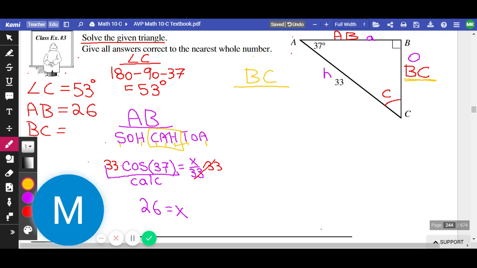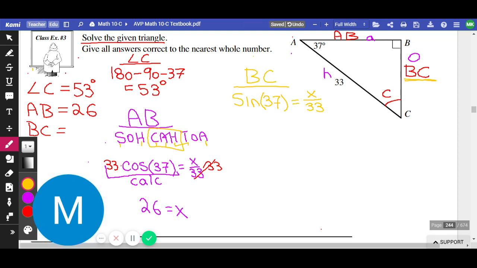I'm looking for O and H, which would be sine. So I have sine of 37 equals opposite, I don't know it, over hypotenuse, 33. It's literally just the same thing. We're just doing it again on the same triangle for a different side.